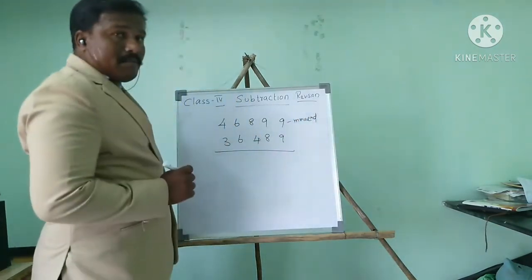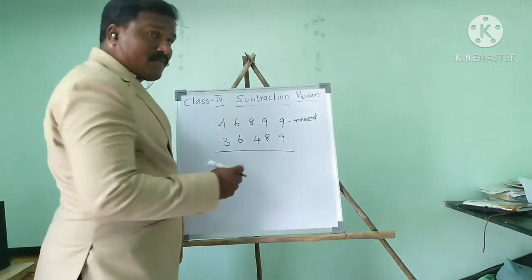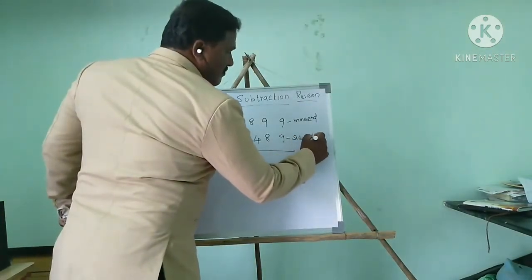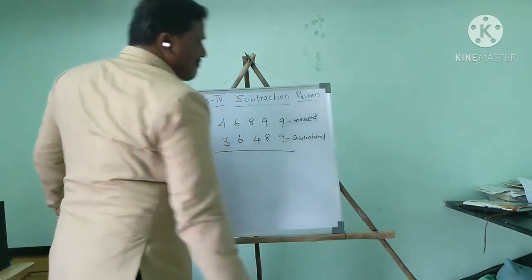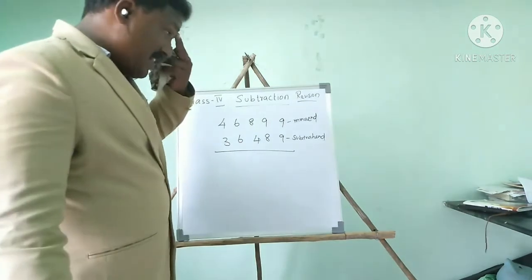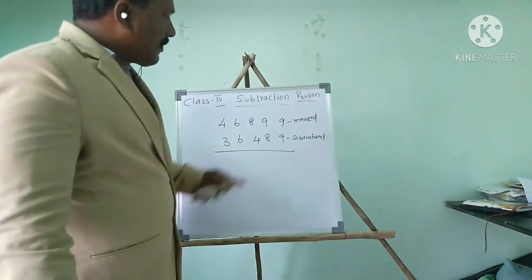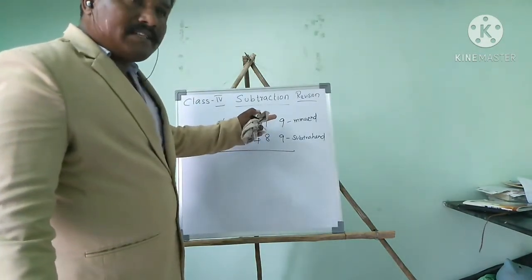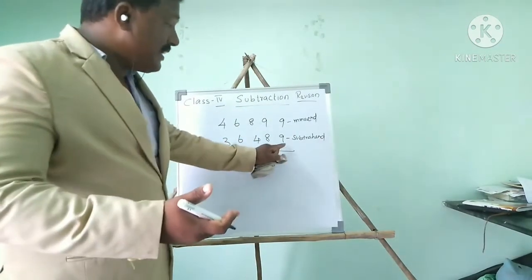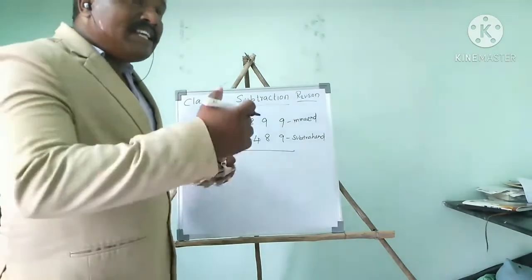It's a smaller number, so we call it a subtrahend. Now we want to find out the difference. How to find the difference? The minuend is always a bigger number than the subtrahend, so we can easily subtract.